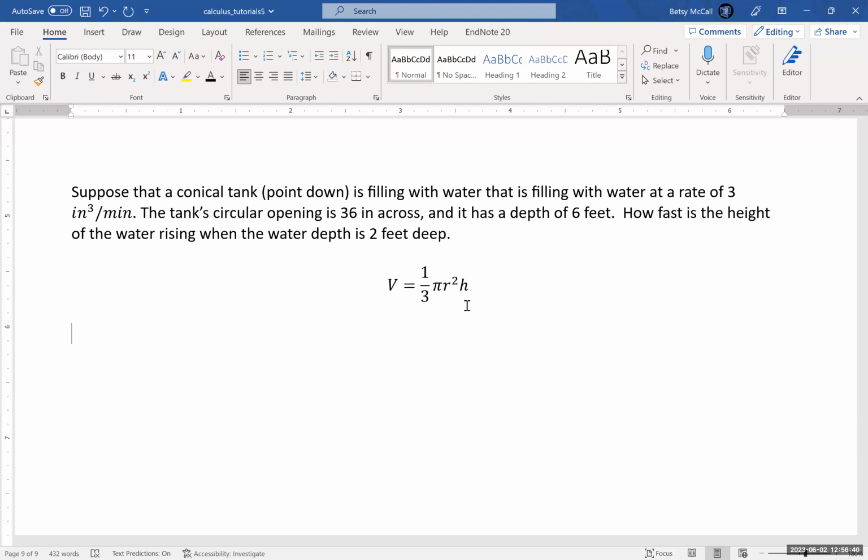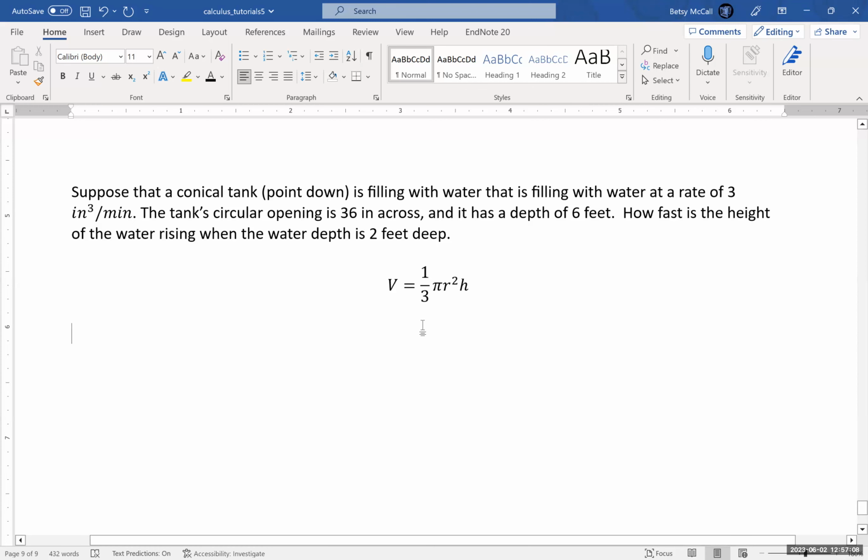For one thing, it will eliminate the product rule that we would have to worry about. And it will also eliminate the need to find the value of both r and h at the position that we want to evaluate this function at. So if we replace it with just r or just h, whichever one we're given in the problem, then we won't have to solve for more variables than just the one.